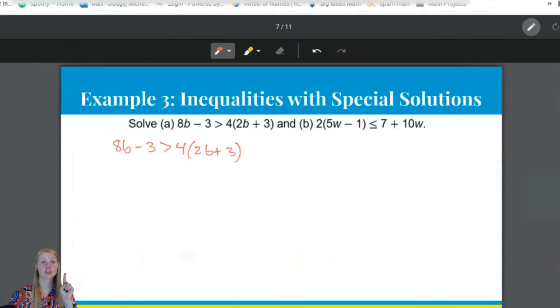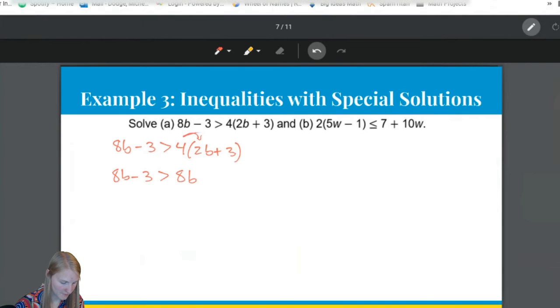First thing, distribute. Get rid of those parentheses. So let's do that. 8b minus 3 greater than 4 times 2b is 8b, and 4 times 3 is 12.